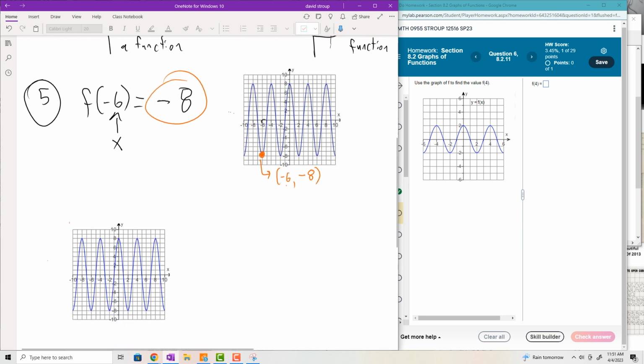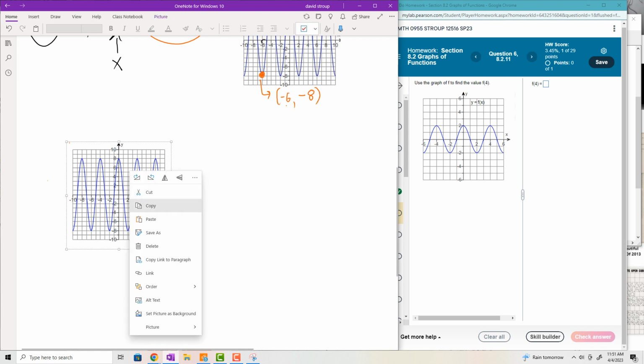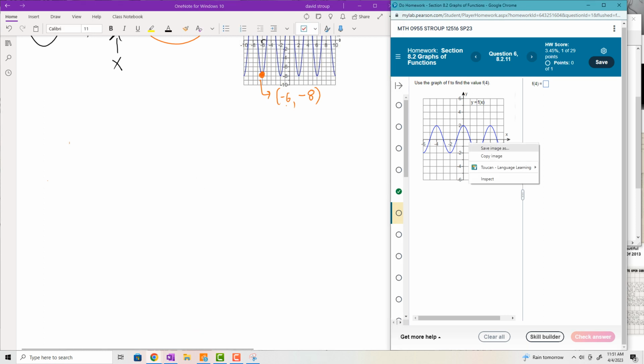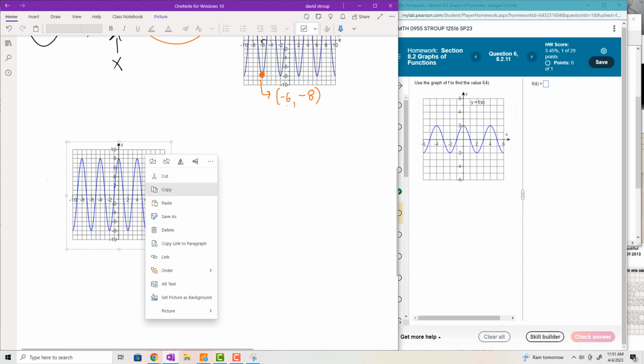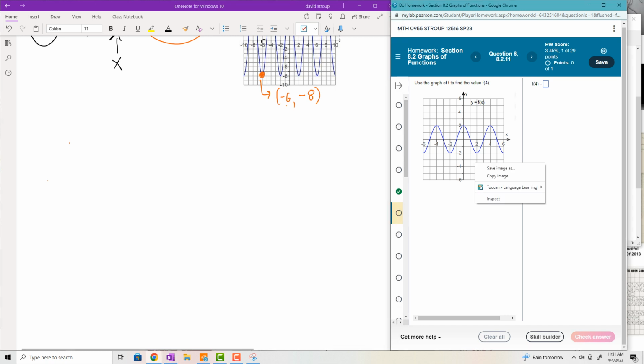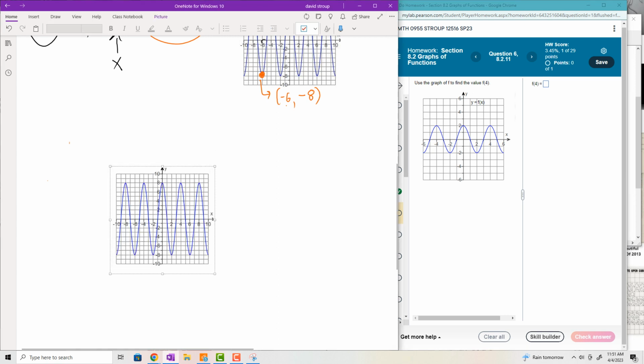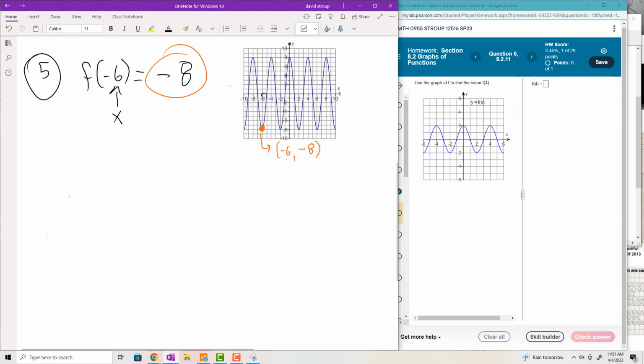Oh, I got it somehow. I got it to work. I'm so sorry. Cut, and then copy, and then paste. And now it's doing the old one. Okay, so somehow copy, paste, and of course it's doing the old one. So, whatever.